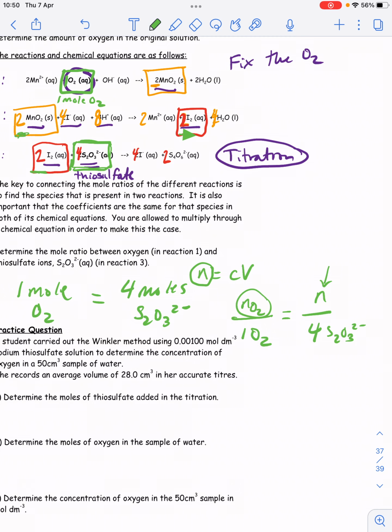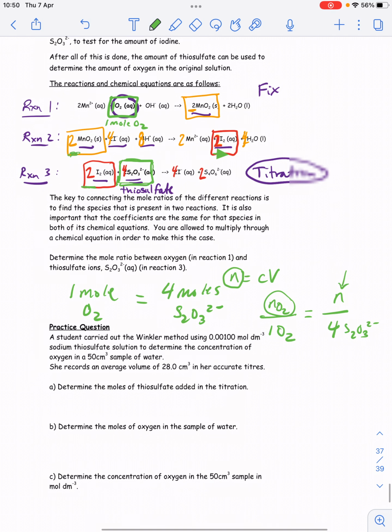It's complicated, using these series of reactions and doing a titration on something that you don't really care about. You don't really care about the amount of iodine, but you can use the amount of iodine in reaction 3, and through that you can know the amount of MnO2, and through that you can know the amount of O2.